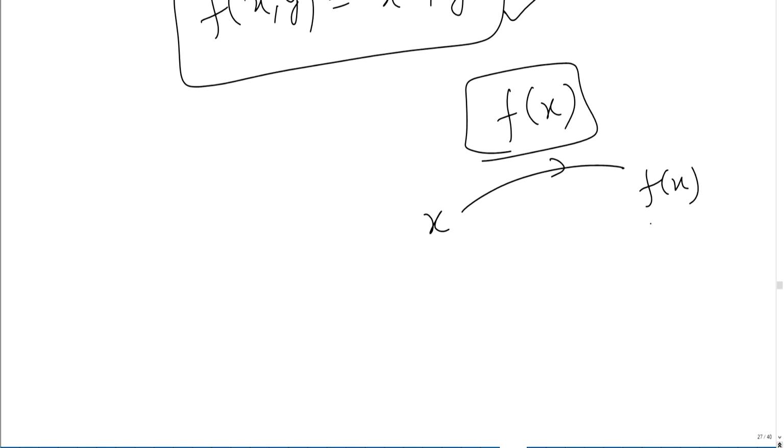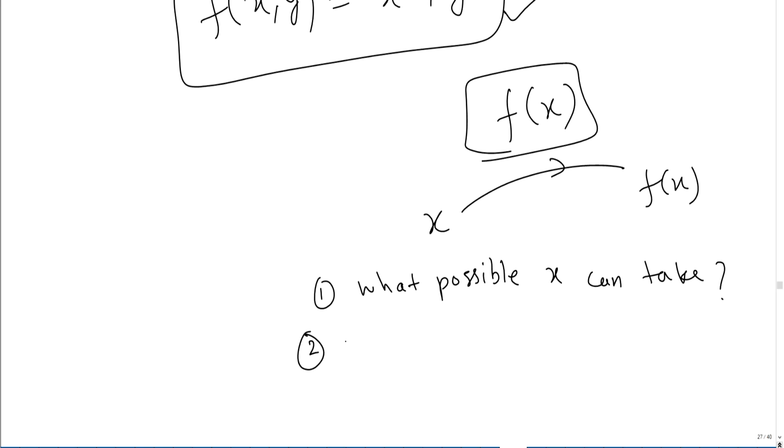Now, for this function, you can figure out what possible values x can take, what possible values the input variable can take, and second, what possible values f of x can take.